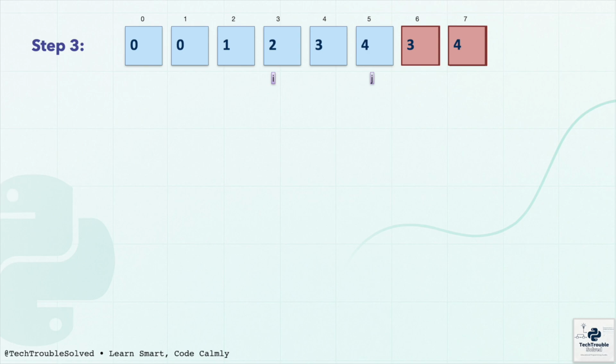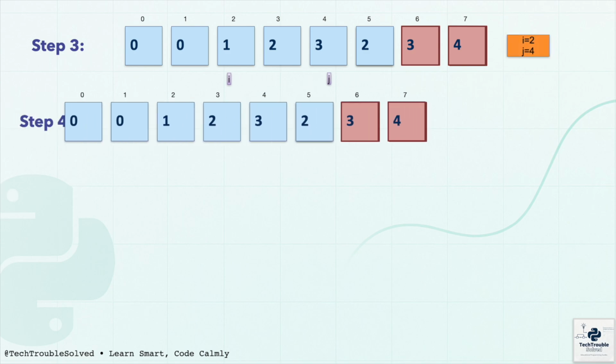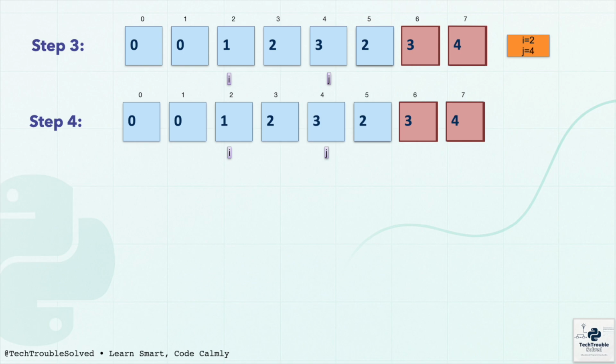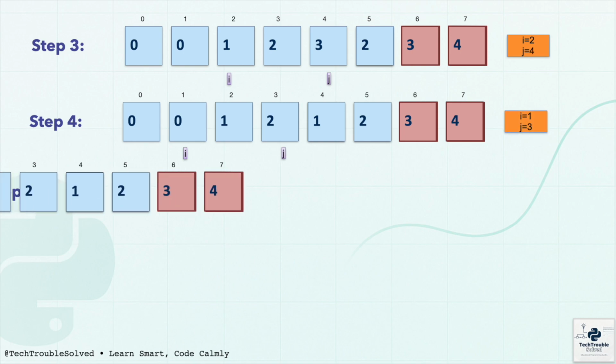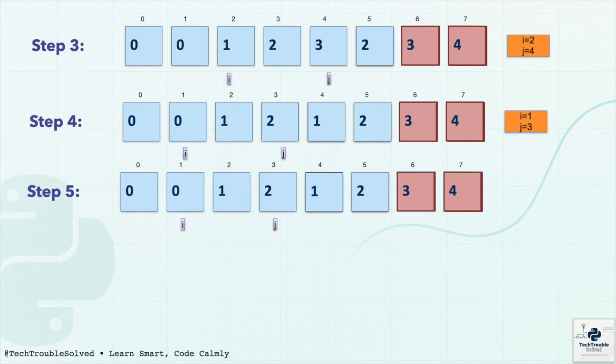In step 3, element 2 gets copied from third index to fifth index. In step 4, element 1 gets copied from second index to fourth index. In step 5, 0 at first index will be duplicated at third index and second index, and i will move to 0 and j will move to 1.